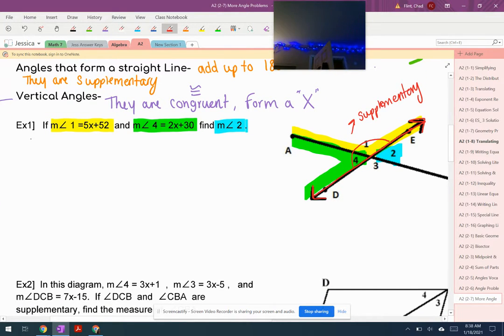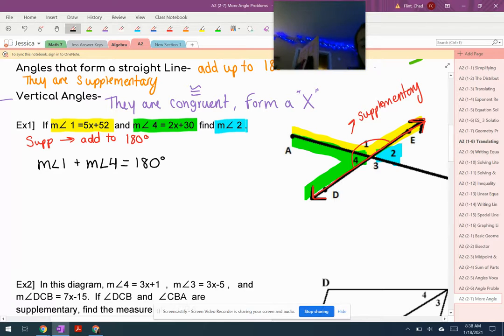So I know, and again, this is part of the thing, supplementary means they add to 180 degrees. So that means that if I take the measure of angle 1 and add it to the measure of angle 4, that should give me 180 degrees. And that's how I get my equation.